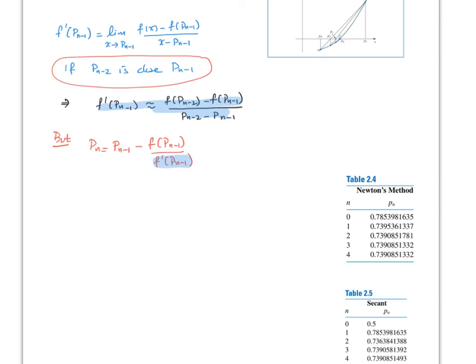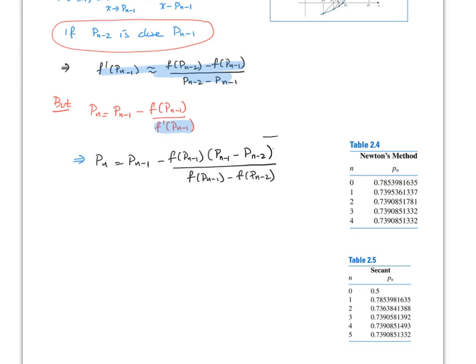If we do that, we get p n equals p n minus 1 minus f of p n minus 1 times p n minus 1 minus p n minus 2, divided by f of p n minus 1 minus f of p n minus 2, once you watch out for the signs.